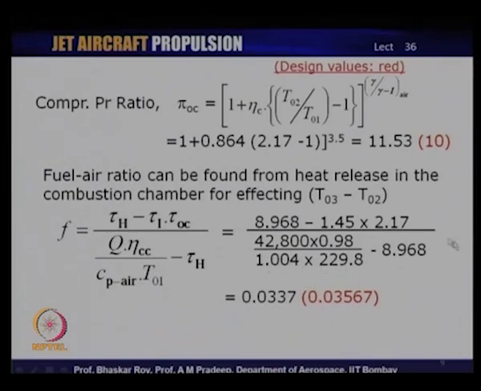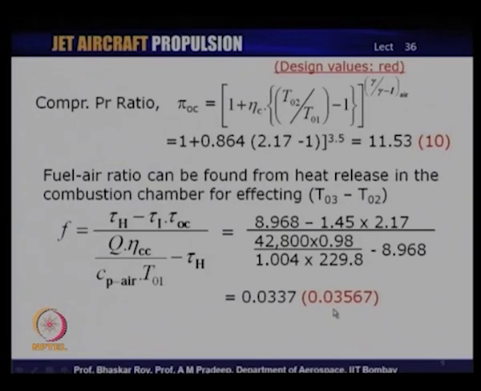If we put it all together in this simple formula, which essentially uses the heat release effected in the combustion chamber in a thermodynamic manner, we get a fuel air ratio which is 0.0337.